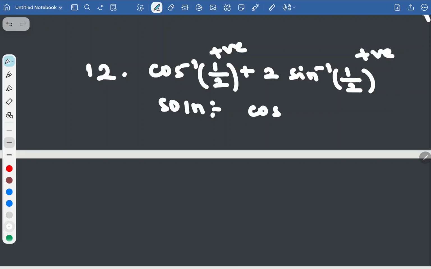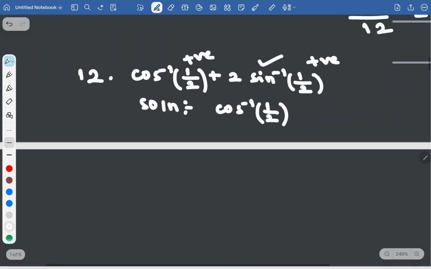We have to find cos inverse of 1 by 2 separately, then we have to find 2 sin inverse of 1 by 2.